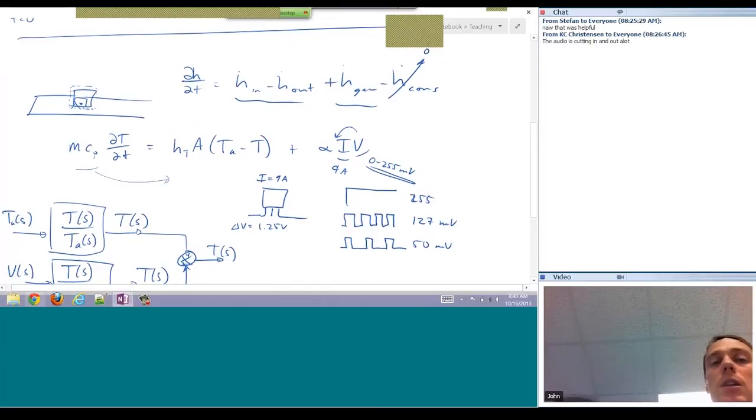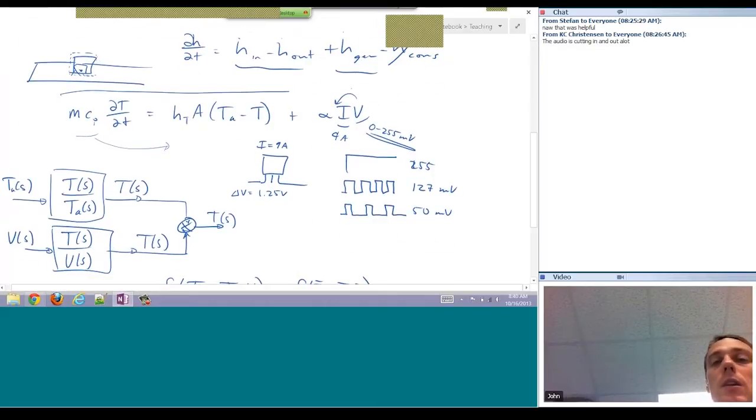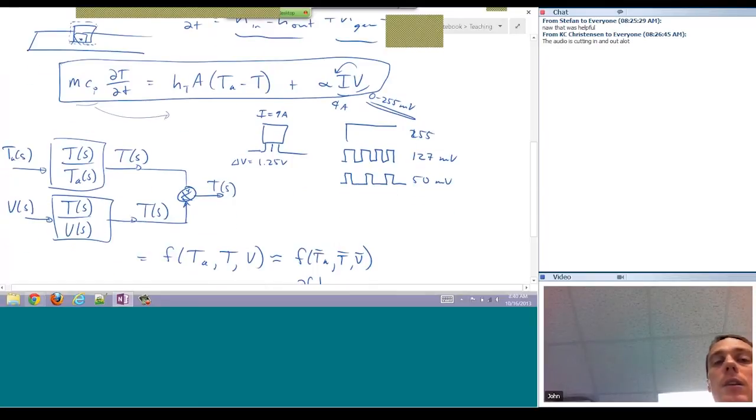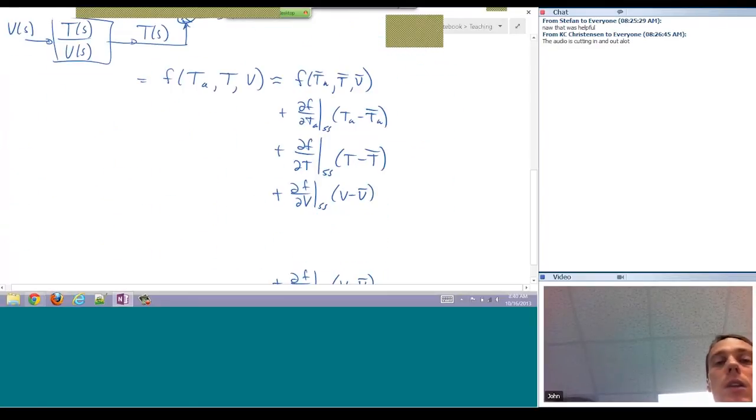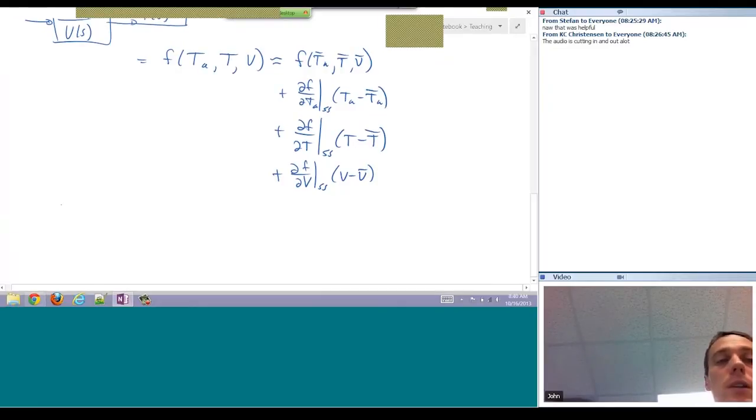Okay, so I've got this equation right here, and I want to go ahead and linearize the right-hand side of it. Let me just write that out down here again.